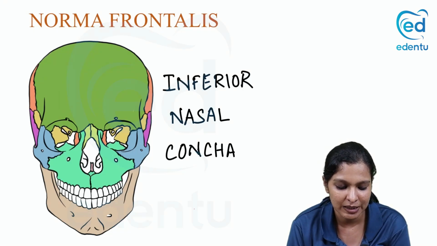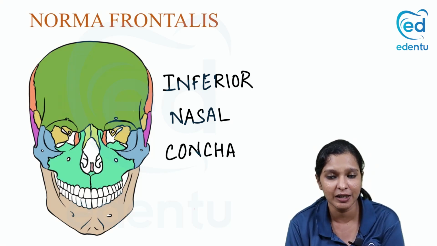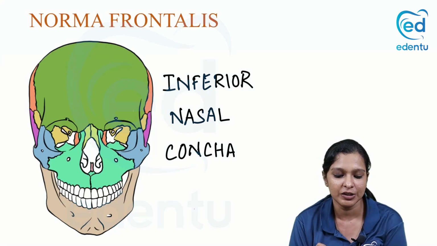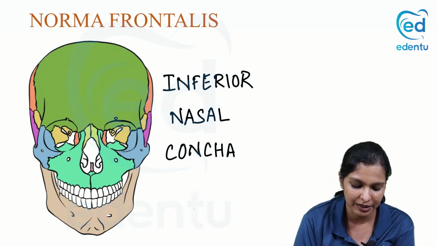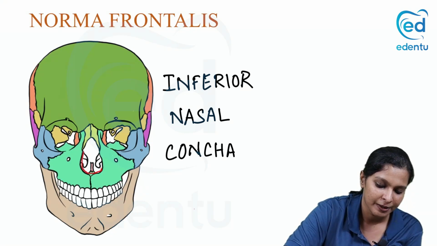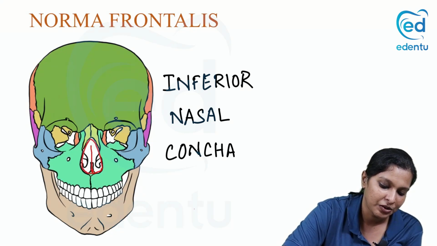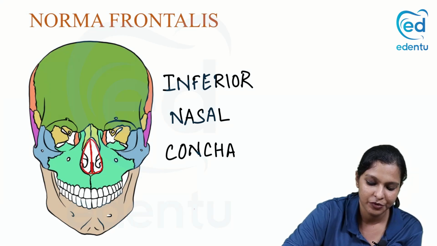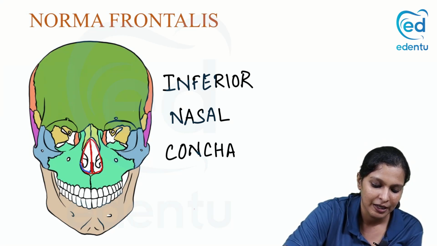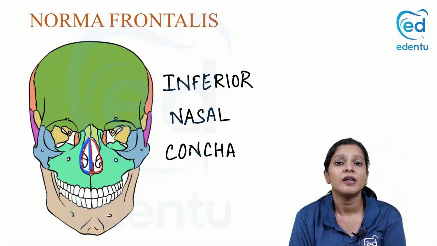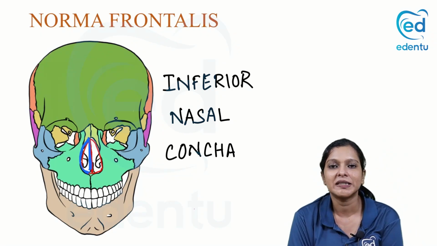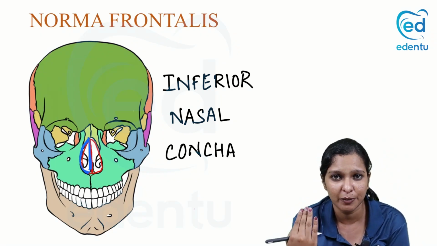The next bone we'll be seeing is called the inferior nasal concha. Just remember, the nasal cavity is this, right? It will be split into two by a septum. So each side will have a lateral wall as well as a medial wall. Related to the lateral wall of the nasal cavity, there will be shelf-like projections.